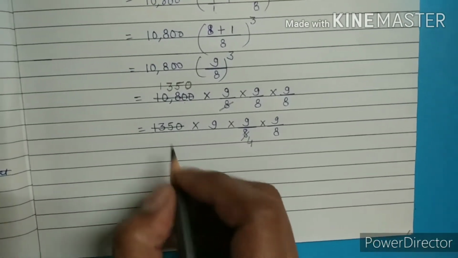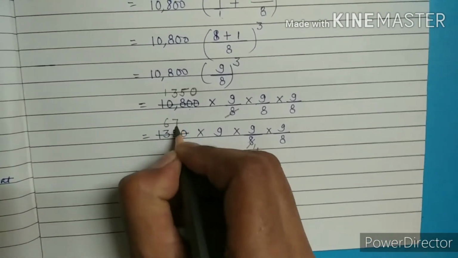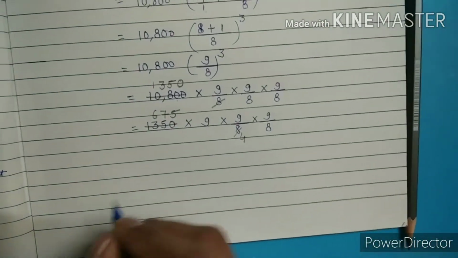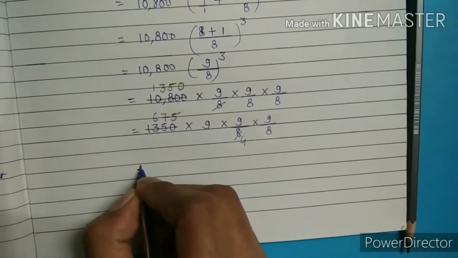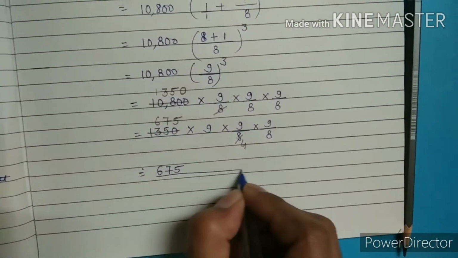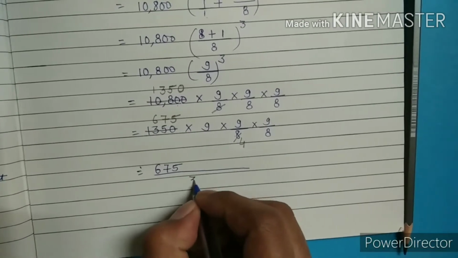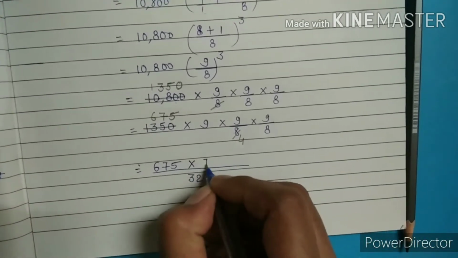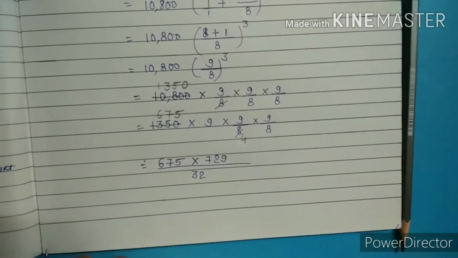Now when we reduce it, we will get 675. Now look here properly: 675 as it is, the whole denominator 8 4s are 32, and 9 cube is 729.